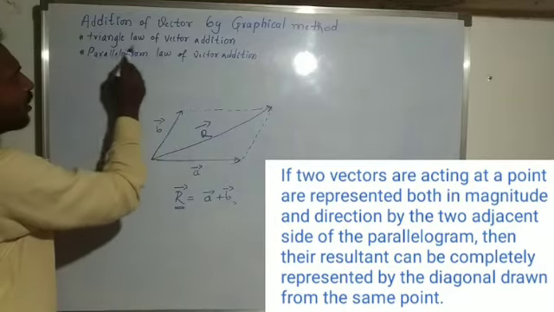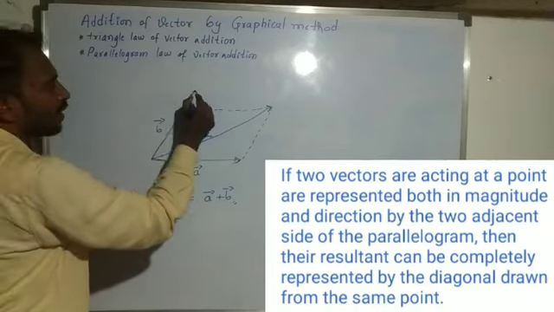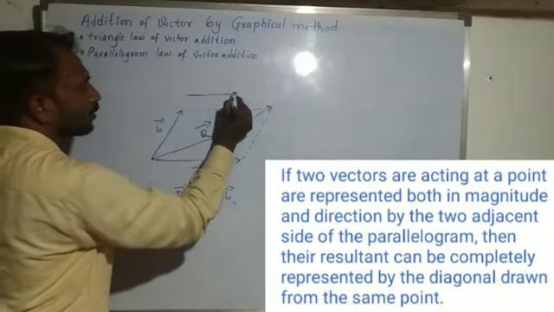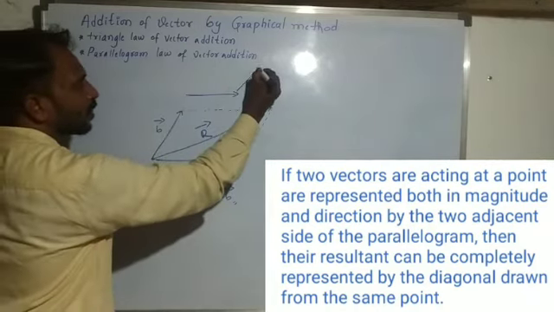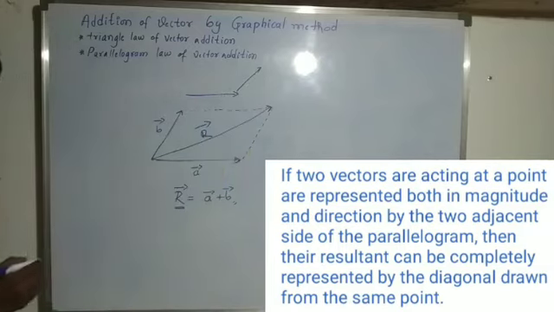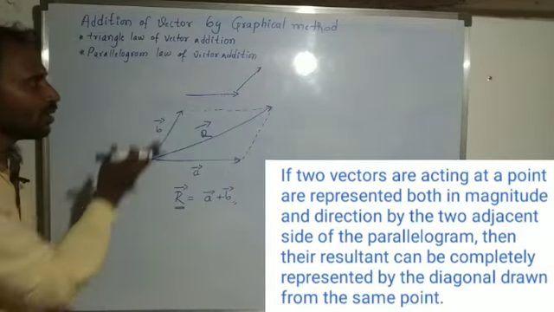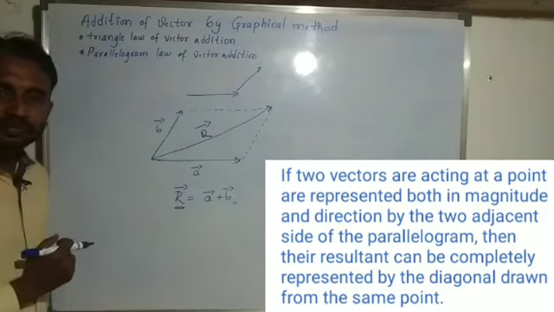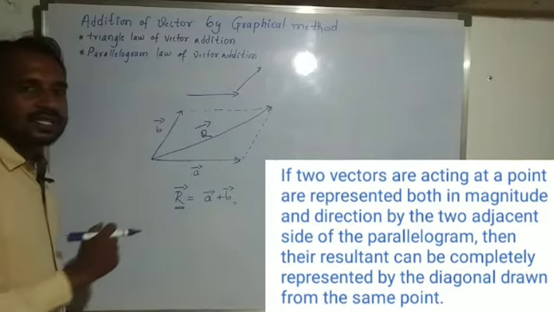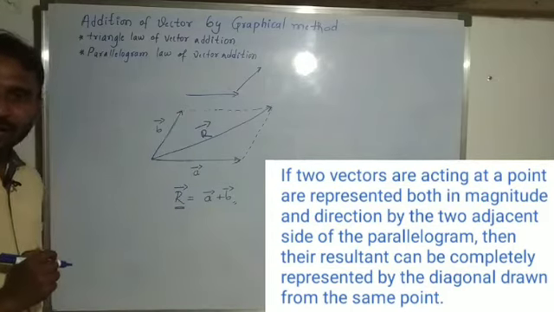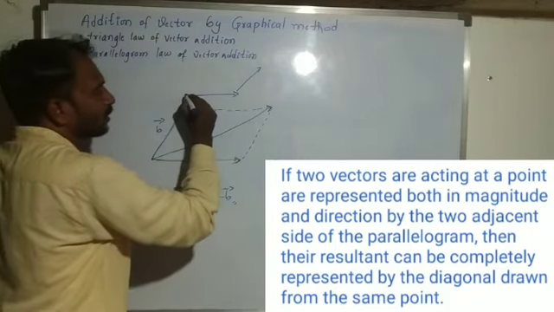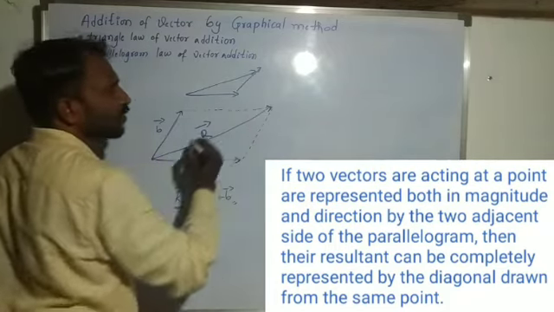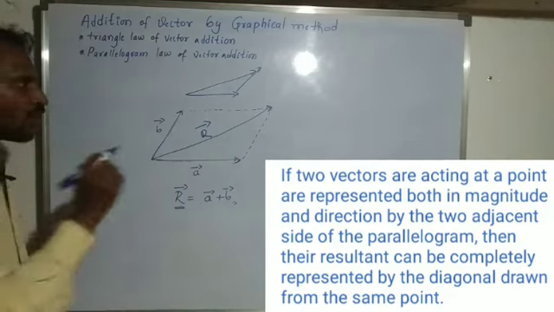Triangle law of vector addition means two vectors having both magnitude and direction, in the same order, represent two sides of a triangle, then their resultant represents the third side of the triangle in opposite order.